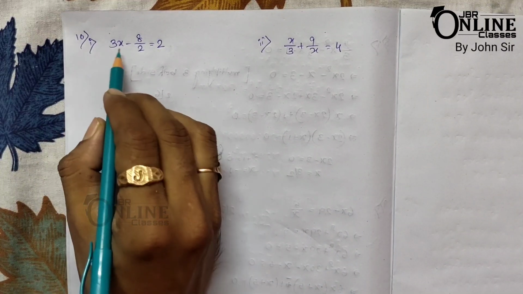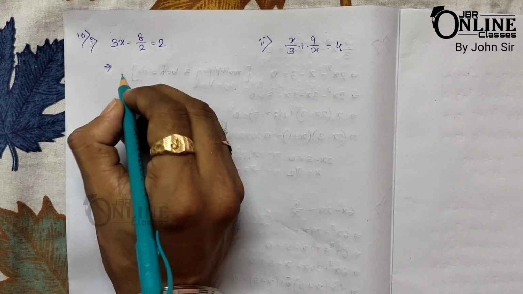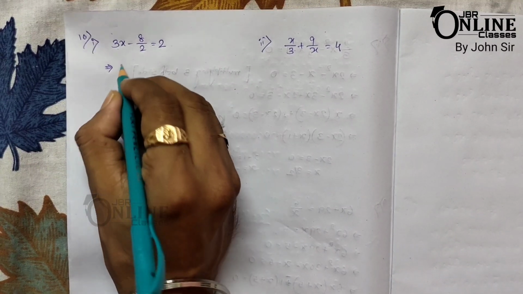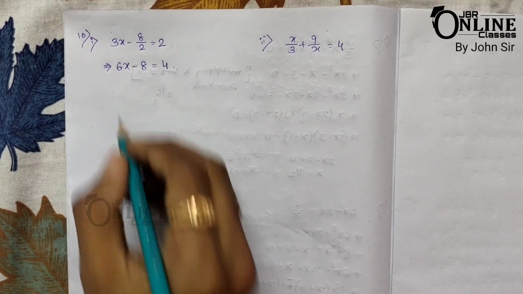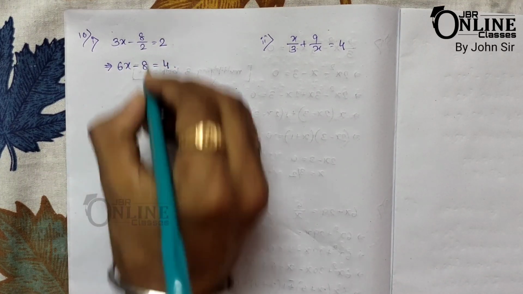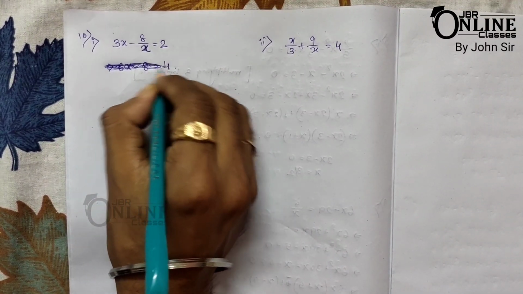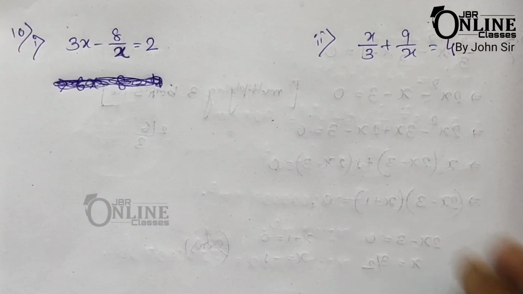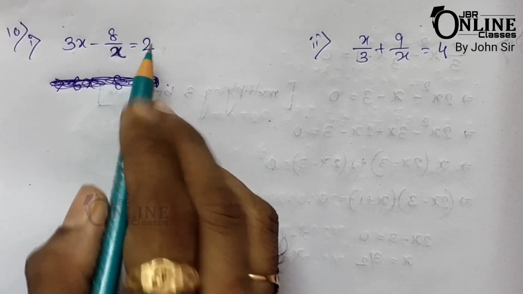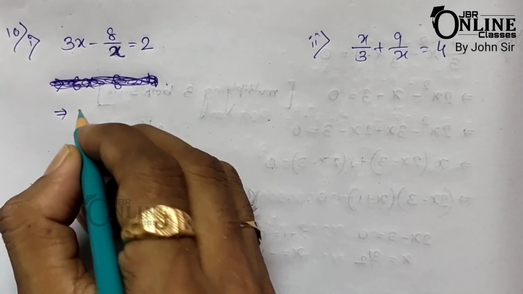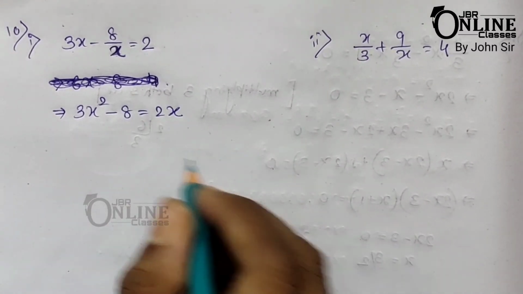Now sum number 10-1. (3x − 8)/x = 2. So here if you multiply, it becomes 3x² − 8 = 2x.